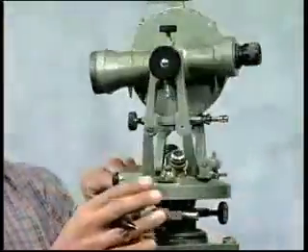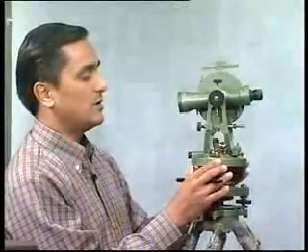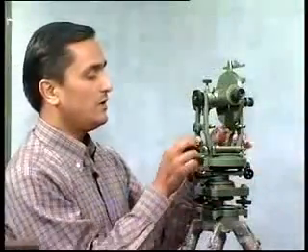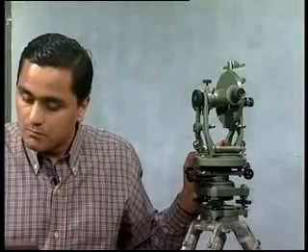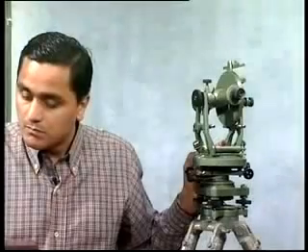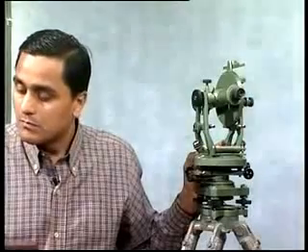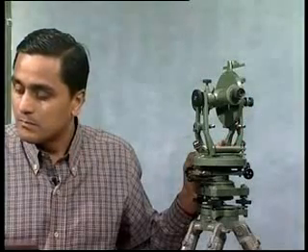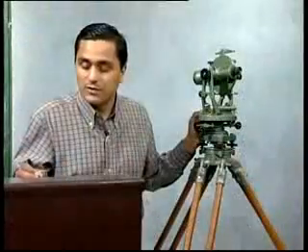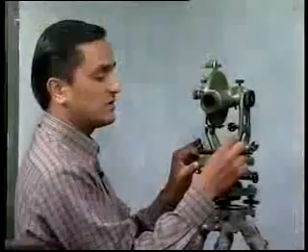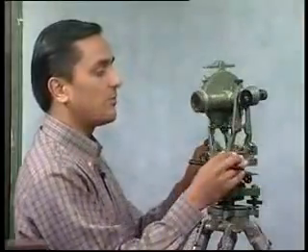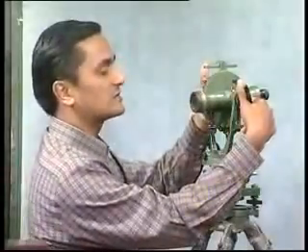Well, going further up in the instrument, we have these parts called the standards or A-frame. You can see a standard here, and they are supporting the horizontal axis.